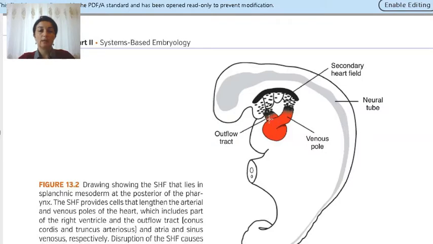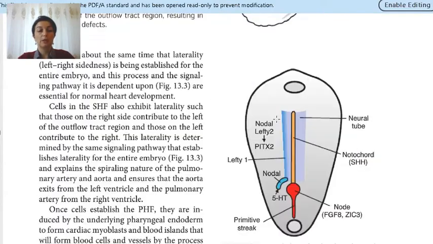They will add cells into the outflow tracts of the heart, participate in the formation of these outflow regions, and also contribute to elongation of the heart tube in the next stage.